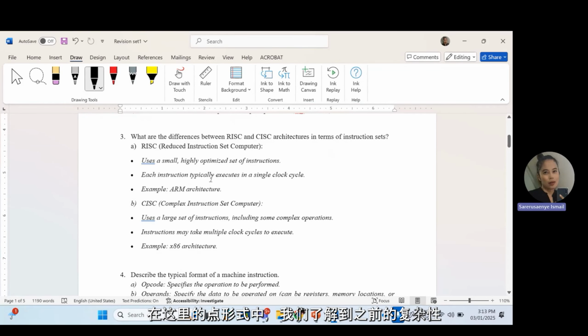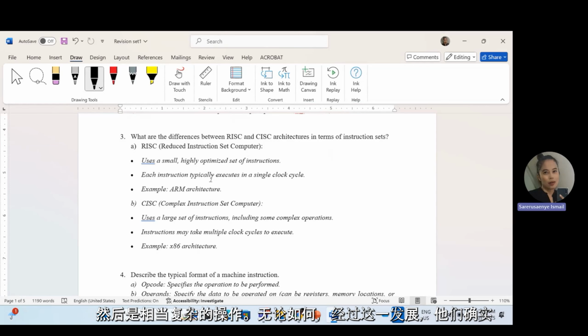The previous complex architectures were quite difficult to understand and to program. That is CISC, which requires a large set of instructions and quite complex operations.